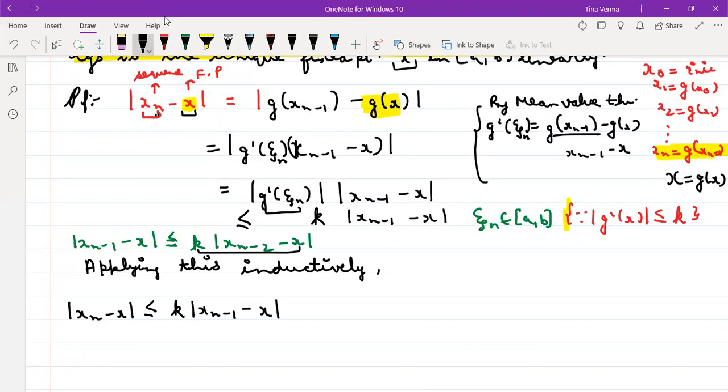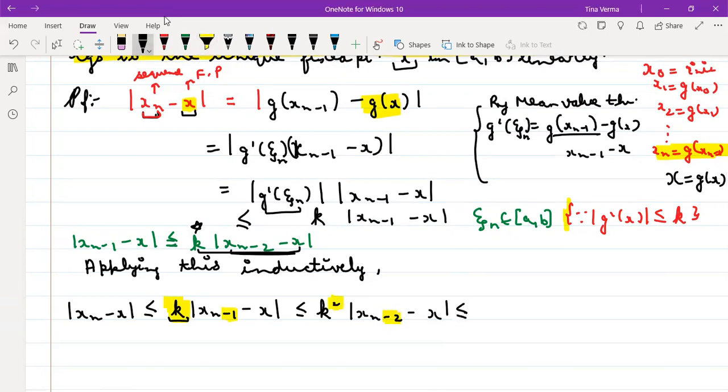And since k is already here and this is xn minus 2 minus x, one more k has come, so it will be k square times modulus of xn minus 2 minus x. You can also remember it this way: the number you are subtracting over here, the same power you are getting for k. If you subtract 2, you get the same power 2 over here.